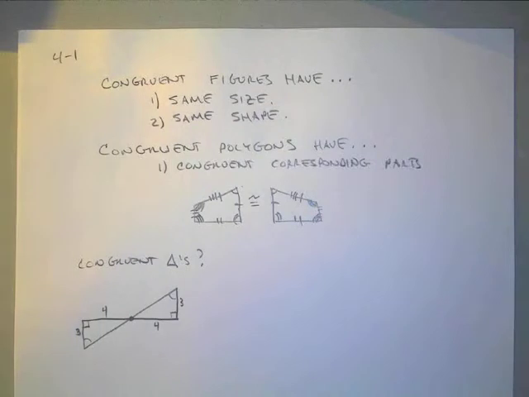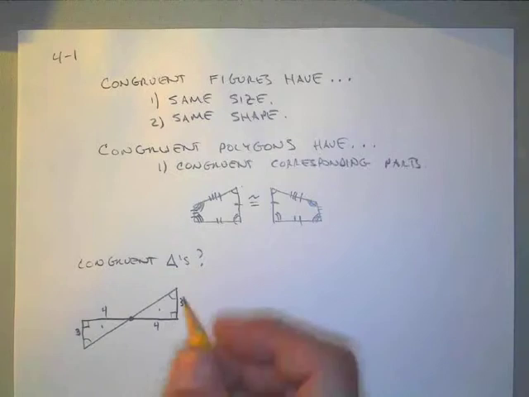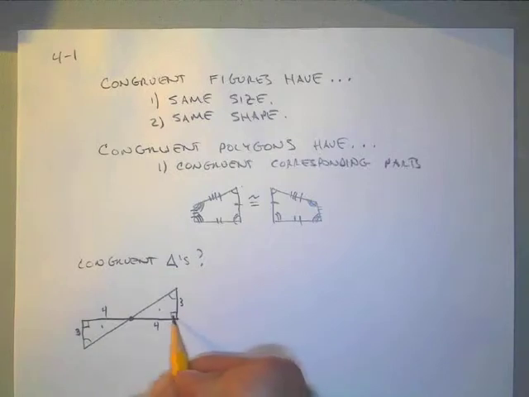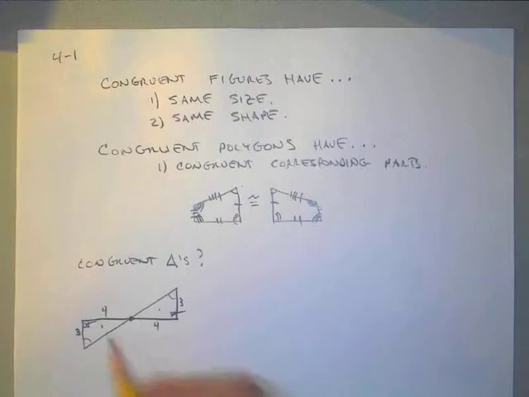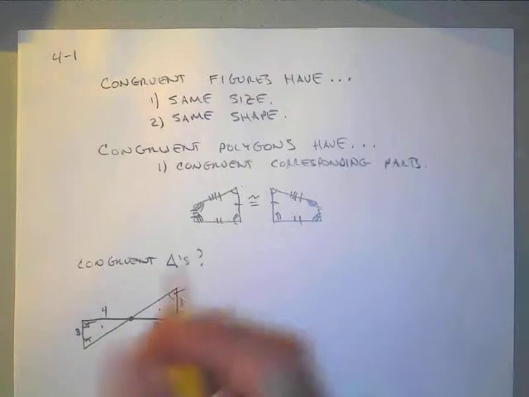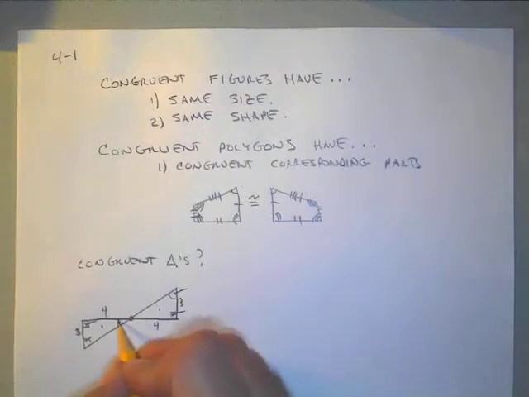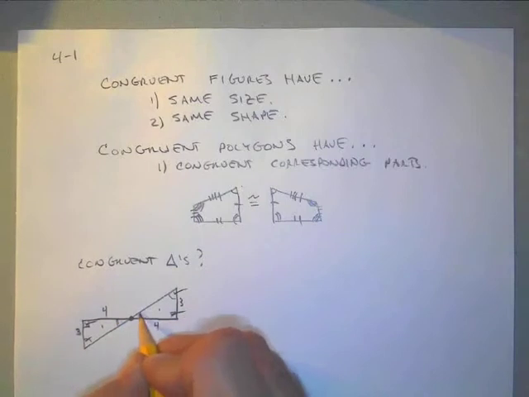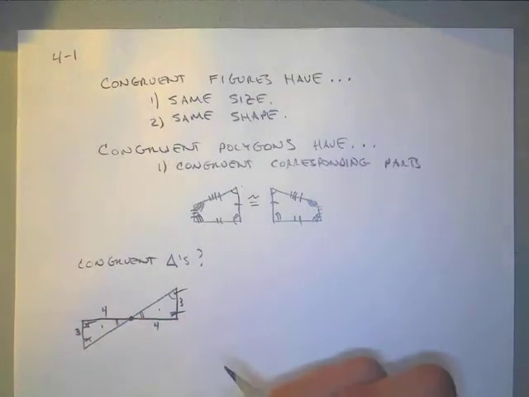So, are these two triangles congruent to each other? Well, we would have to show that all the corresponding parts of this triangle and this triangle are congruent. So let's see, we have a right angle and a right angle, and this angle and this angle are corresponding and equal to each other. And these two angles aren't marked, but they're vertical, so we know those two are also congruent.